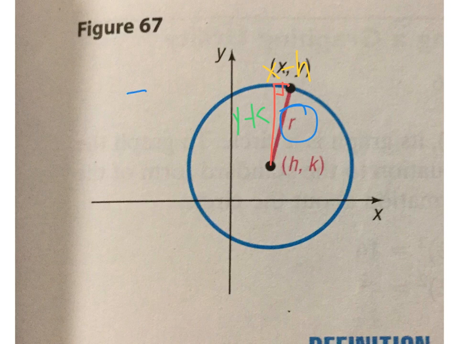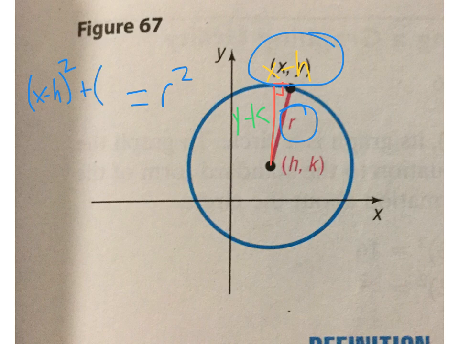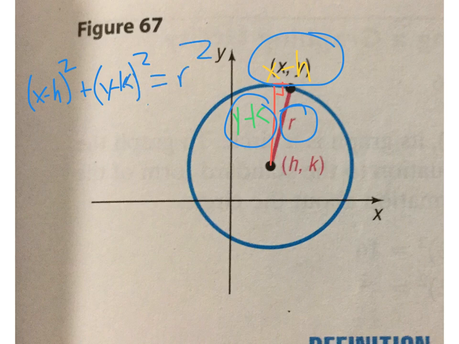So I know it's going to equal r squared. Okay? I'm going to let this side be my a. So I have got (x minus h) squared plus (y minus k) squared.